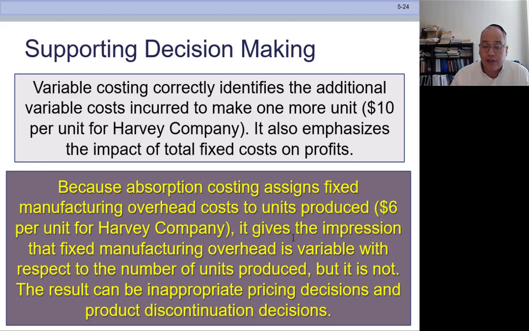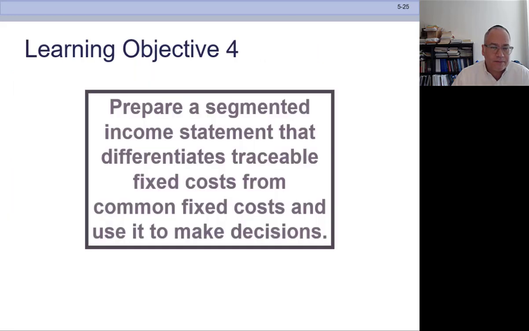It gives the impression that fixed manufacturing overhead is variable with respect to the number of units produced, but it is not. The result can be inappropriate pricing decisions and product discontinuation decisions. In other words, this is so dangerous that this could cause you to make bad decisions that will lose money.